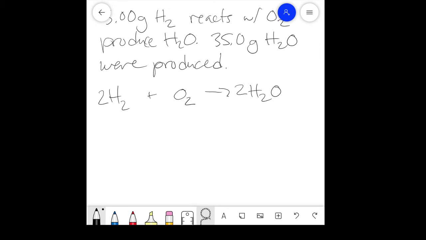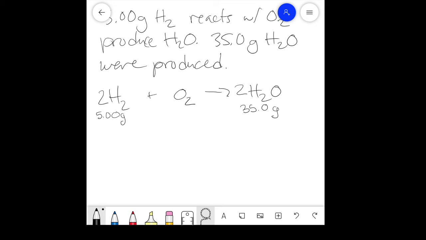Now we need to do our stoichiometry. It might be helpful to write what you're given under the numbers they go with. As you can see here, we have 0.5 grams of a reactant and we have 35 grams of the product.